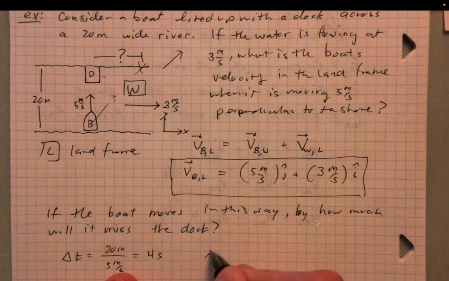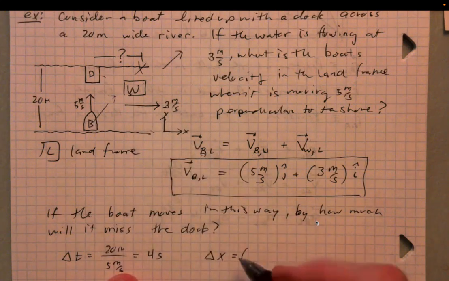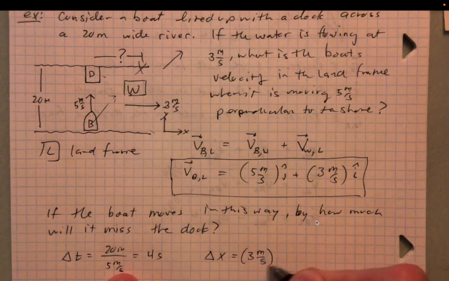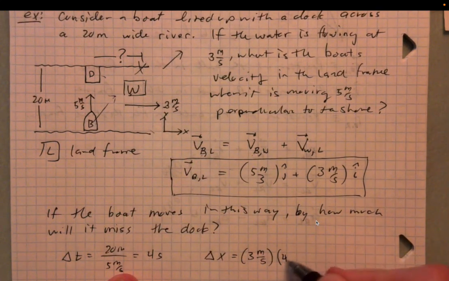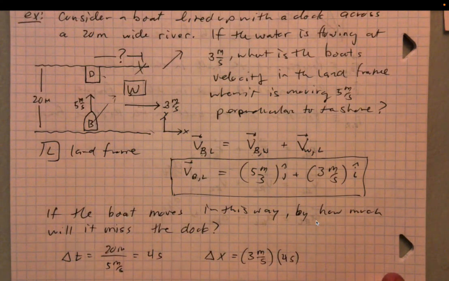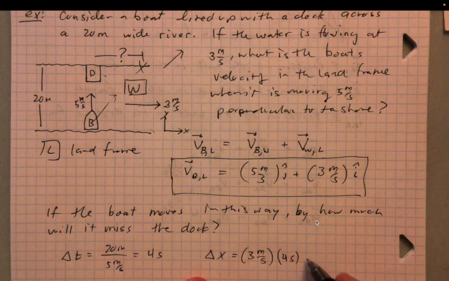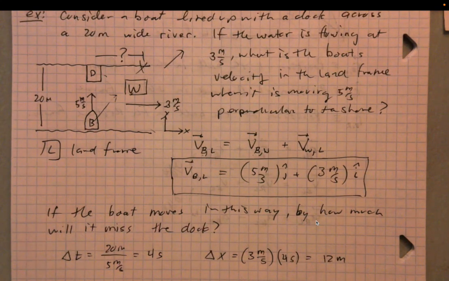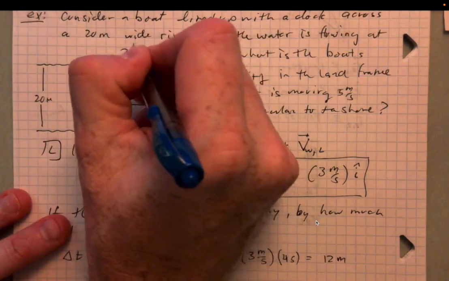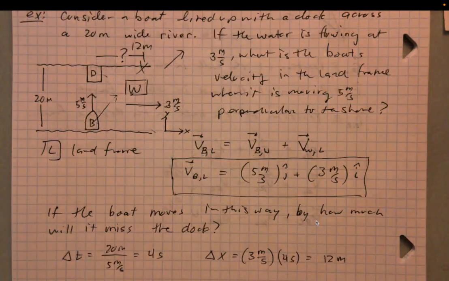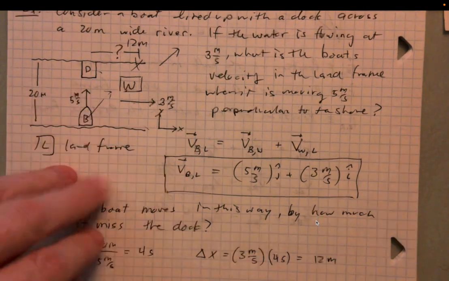So delta X, we'll say, the distance downshore, is just going to be equal to 3 meters per second that it's moving downstream times the 4 seconds it'll be moving across the river. And so it's going to land approximately 12 meters off the dock. So this is going to be 12 meters. Right? It'll miss the dock by about 12 meters. Okay. All right. Very good.